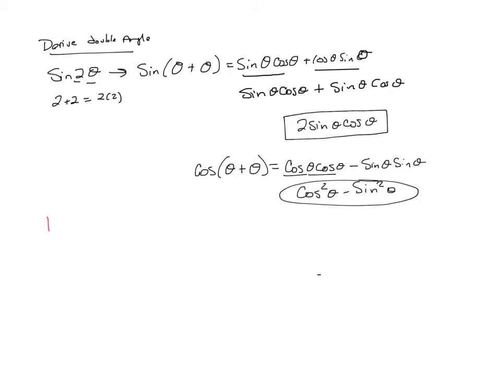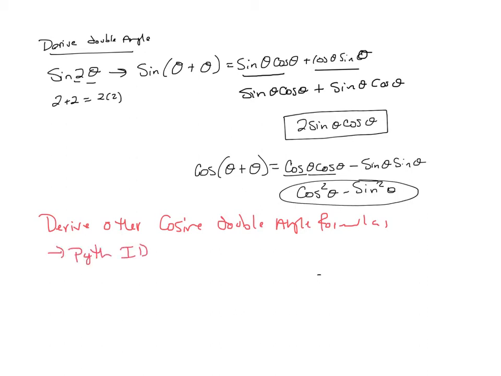So let's derive the other cosine double angle formulas. I'm going to use my Pythagorean identity of sine squared theta plus cosine squared theta is equal to 1.